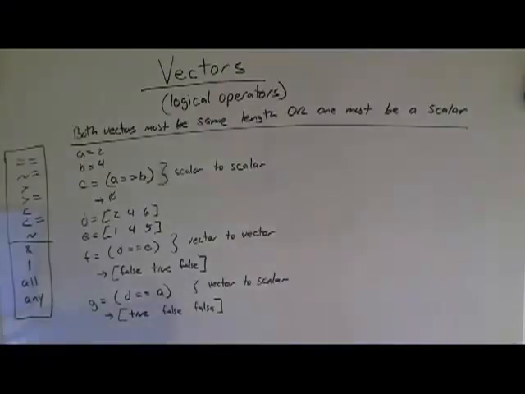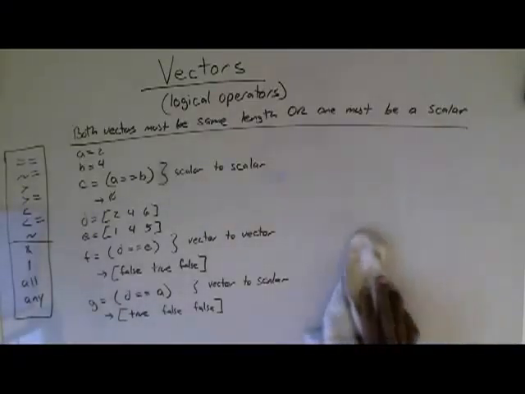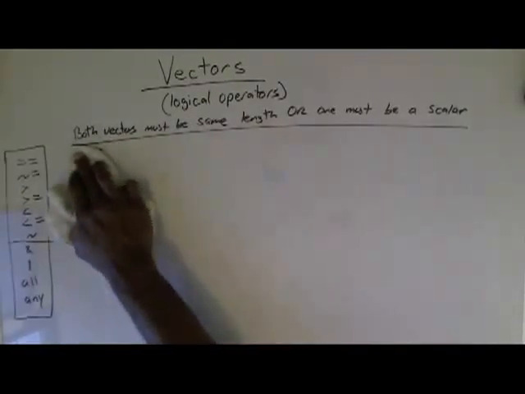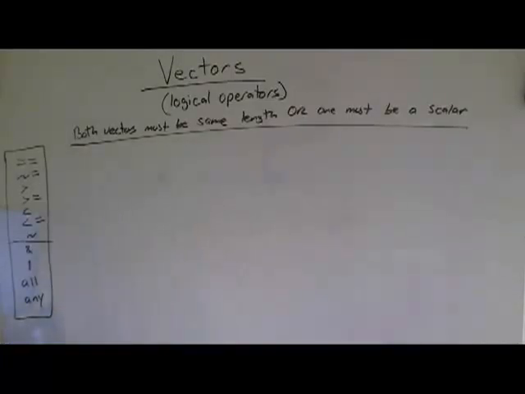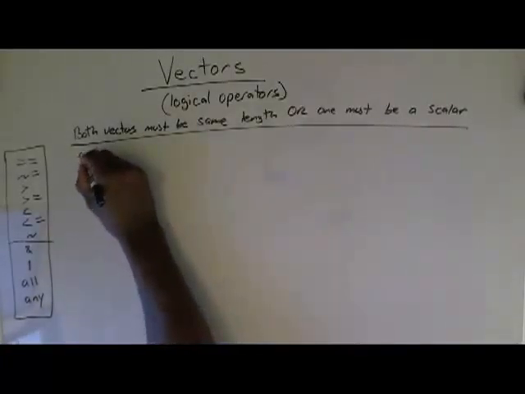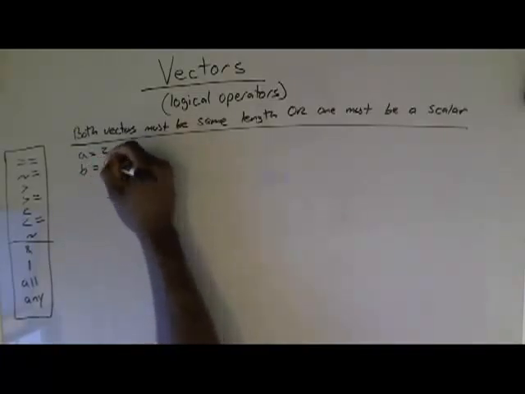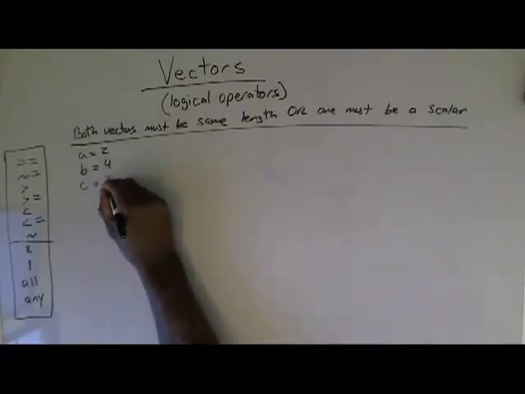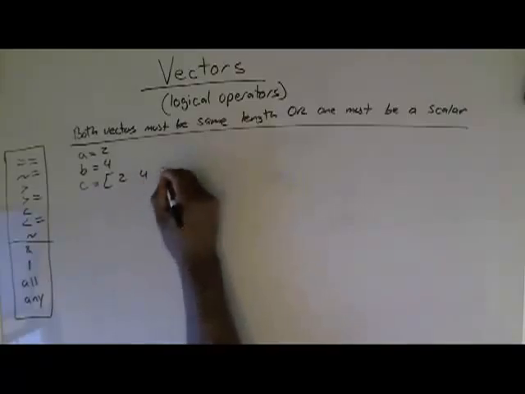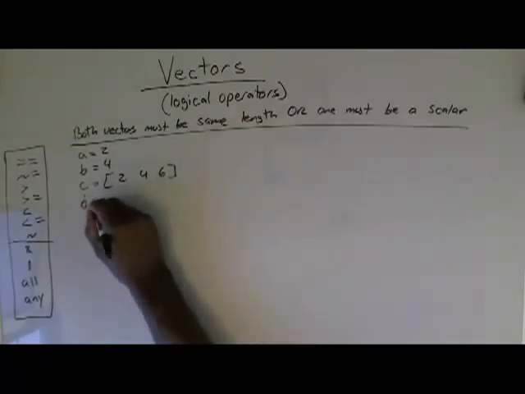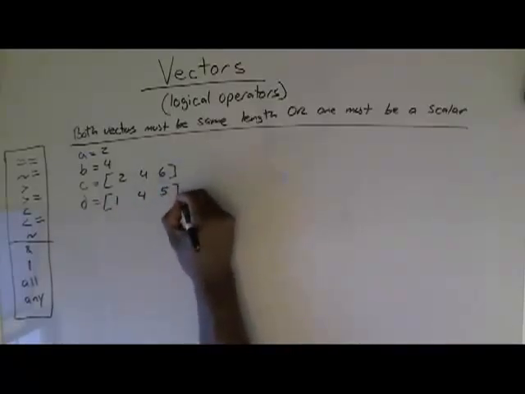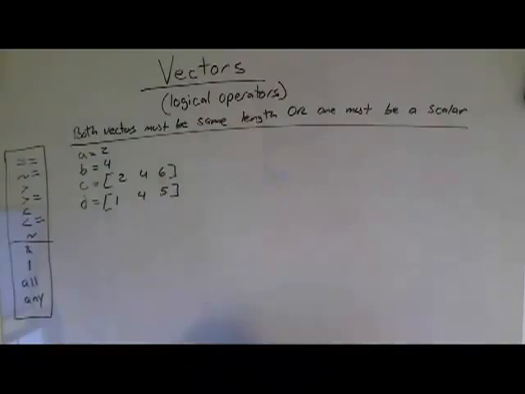Okay. So now, with that sort of understood, let me erase this. Let's give some examples. So let's go back, and once again, say A equals 2, B equals 4, C equals 2, 4, 6, D equals 1, 4, 5. Now, we can do a whole host of things.